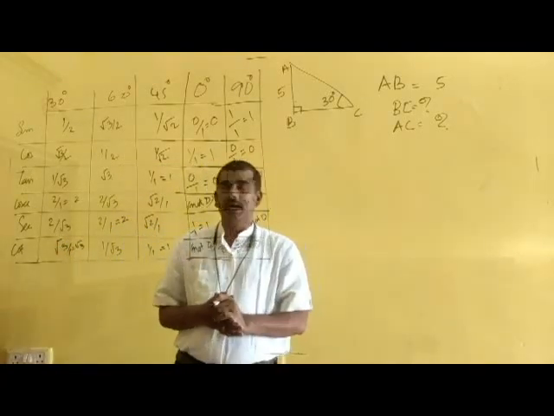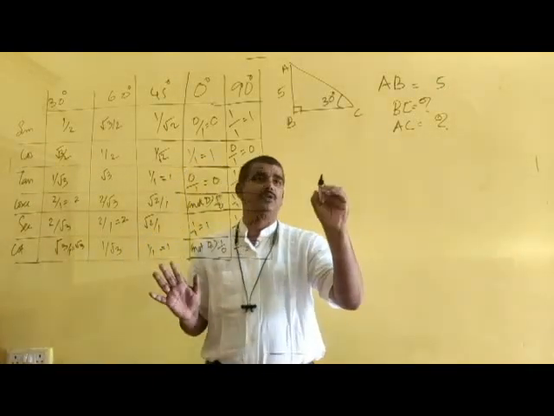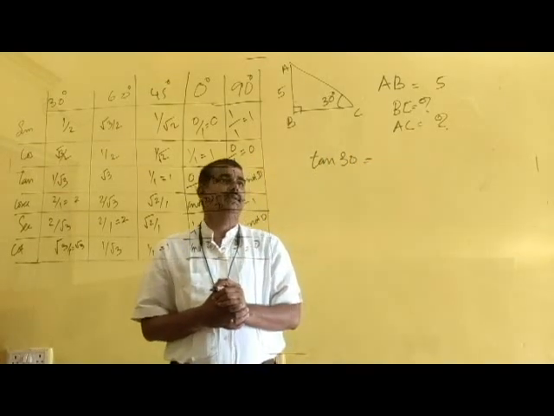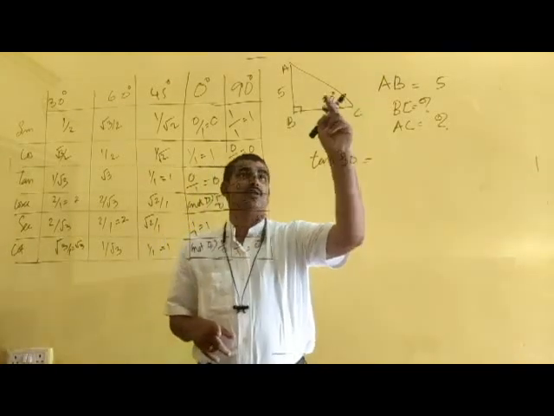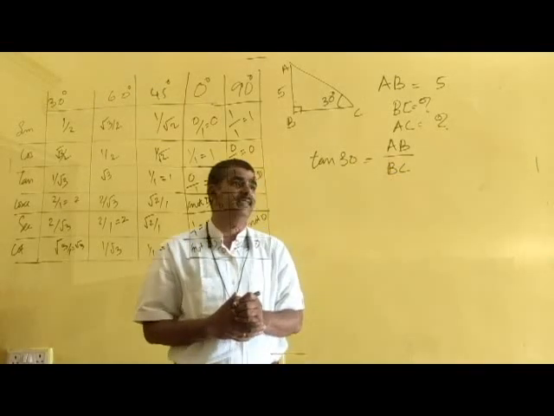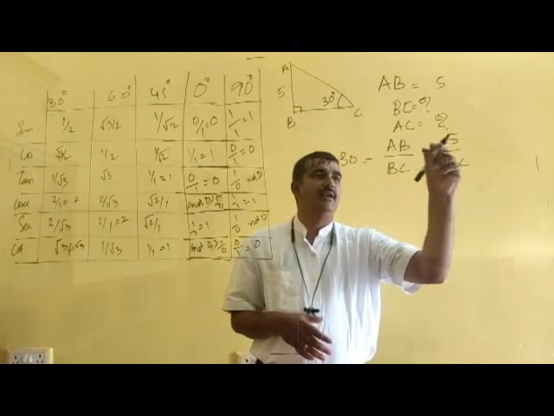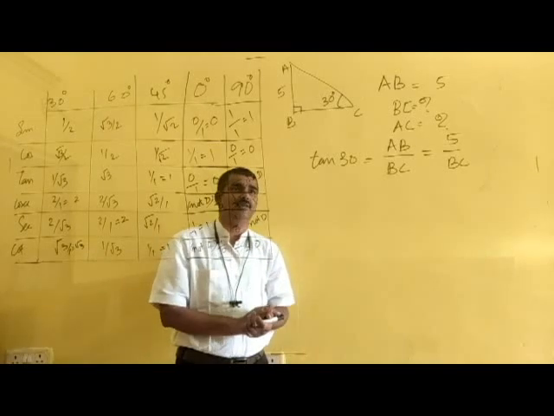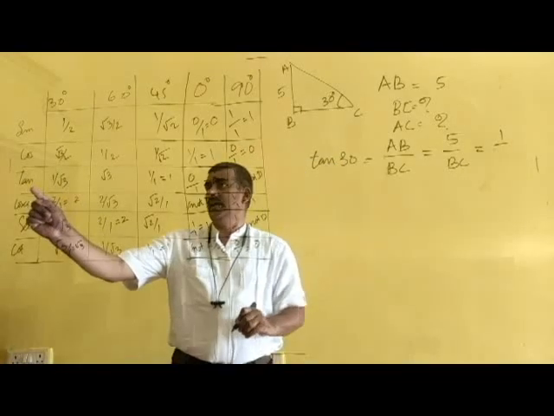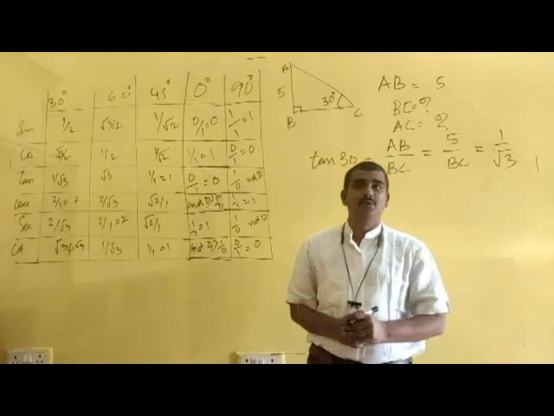Now AB is equal to 5 and we have to find the value of BC. For that, I write tan 30 is equal to what? For tan 30, the opposite side is AB and the adjacent side is BC, that is AB by BC, which is 5 by BC, and that is equal to tan 30, which is 1 by root 3.